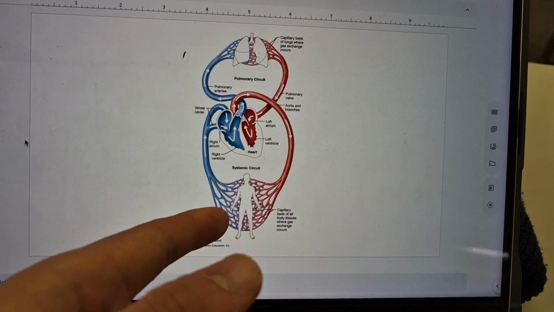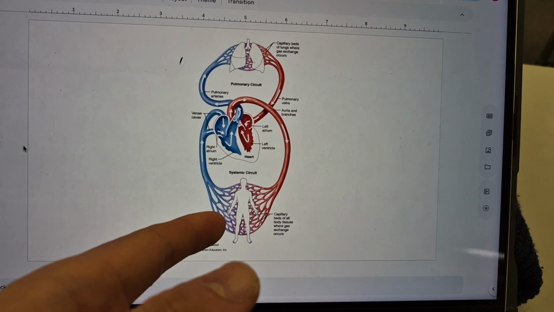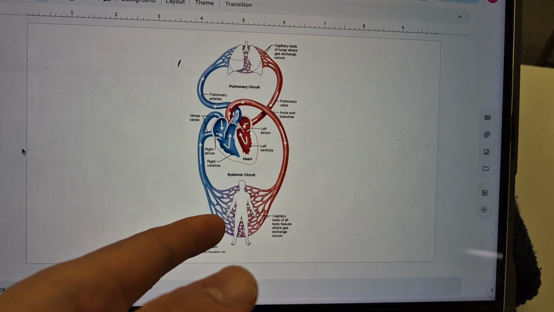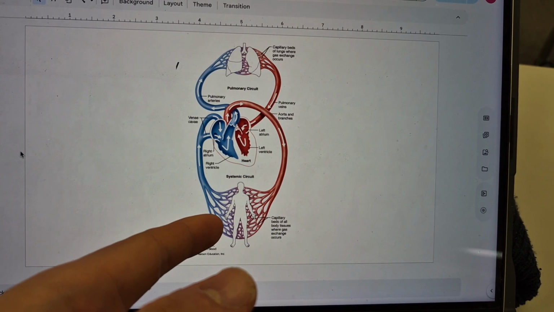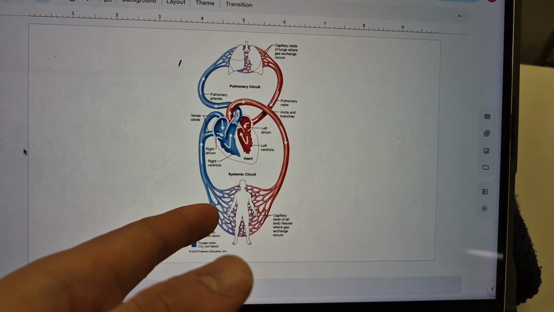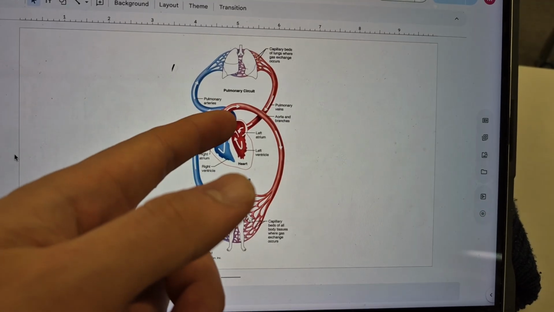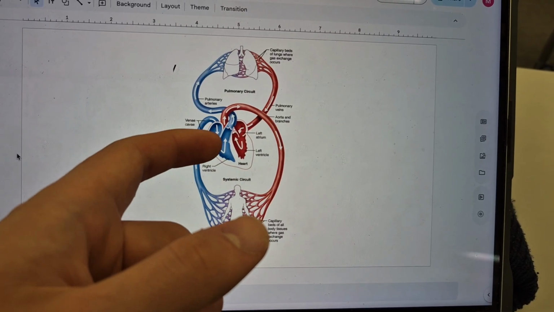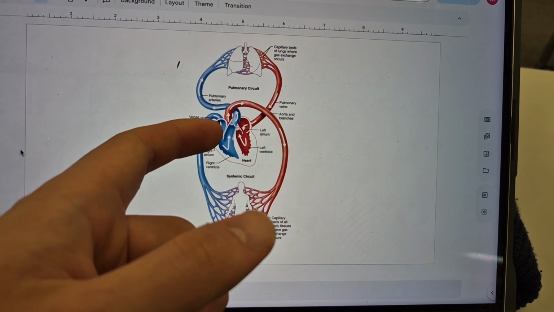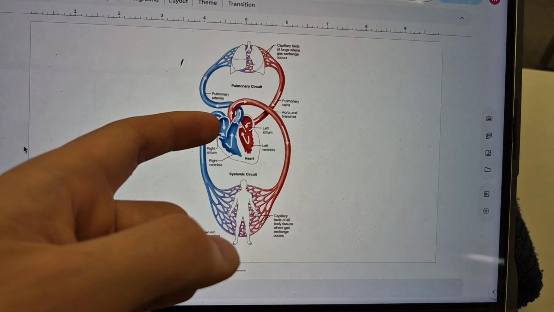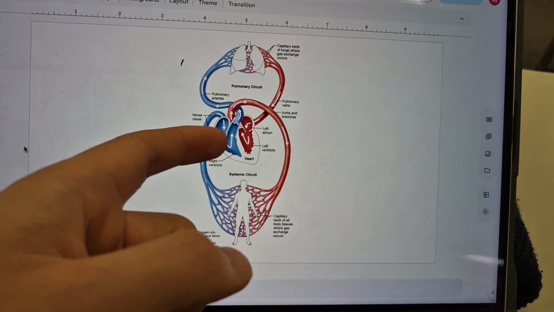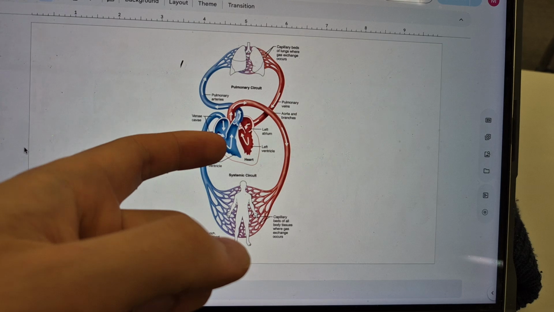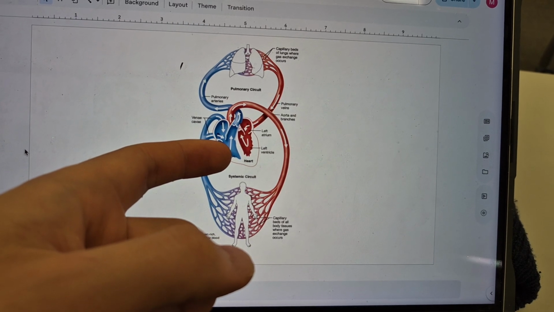So right here, it's deoxygenated. This is the pulmonary circuit. The pulmonary circuit is going to bring this deoxygenated blood through the superior vena cava or the inferior vena cava, and it's going to collect in the right atrium right here. Then it's going to go from the right atrium through the tricuspid valve into the right ventricle.